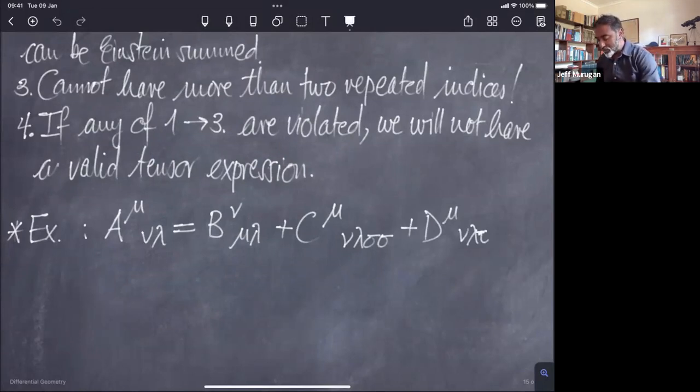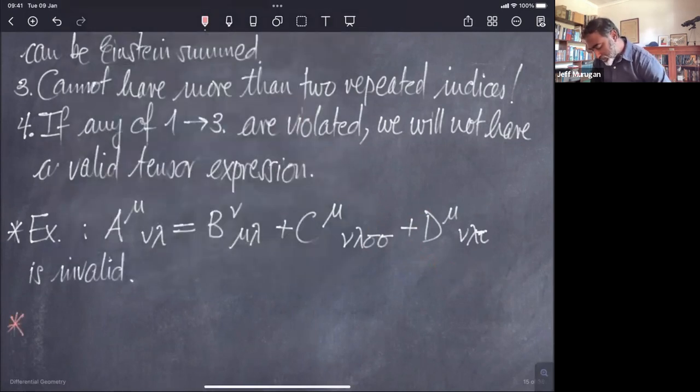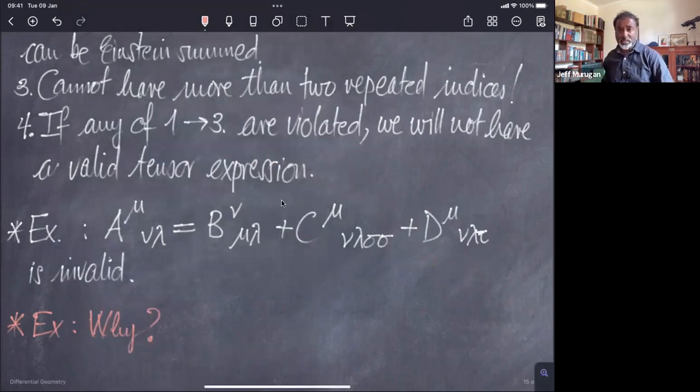Because each of the terms on the right-hand side are just wrong in some way. I'm going to leave for you as an exercise to tell me why. Why is this expression invalid as a tensor expression?